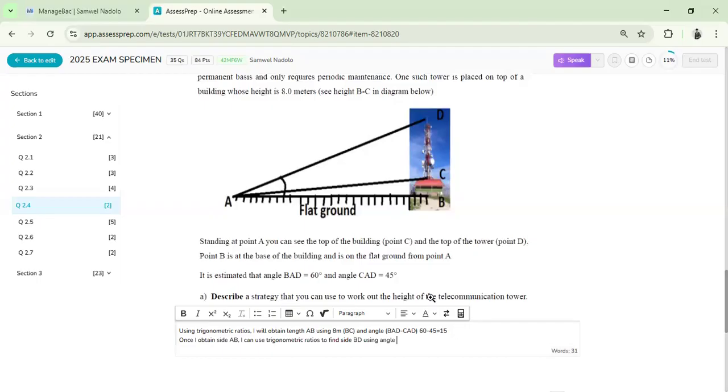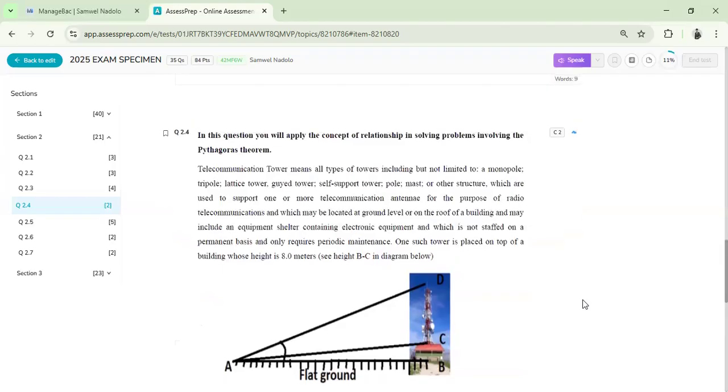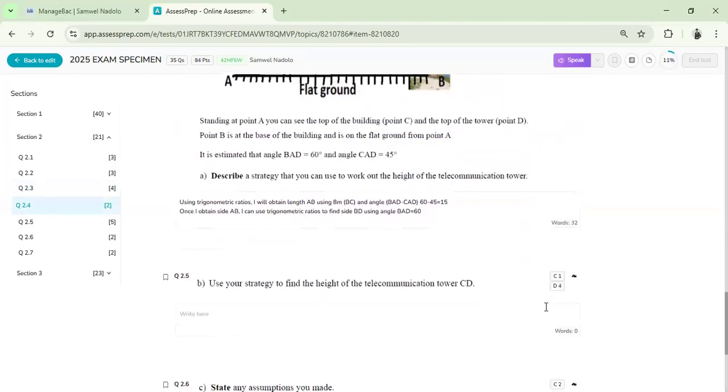So which angle is BD being used for? It is angle BAD, which you have been given as 60 degrees. So you write that and then you score your C2.